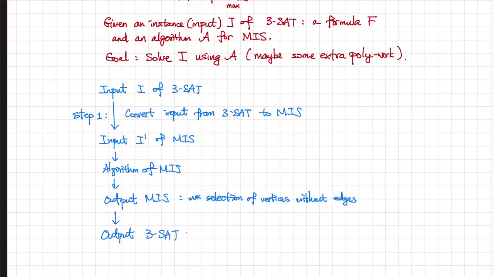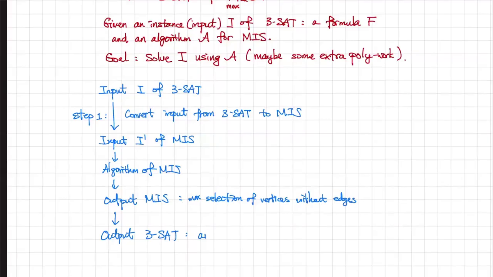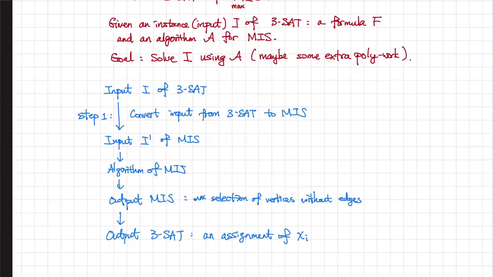And the output of 3-SAT is what? What's the output of 3-SAT? True or false? Is it satisfiable? So in other words, we want to output an assignment of xi's if f equals 1, or f is unsatisfiable.